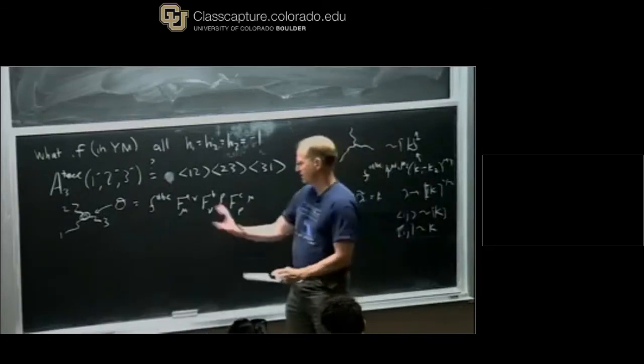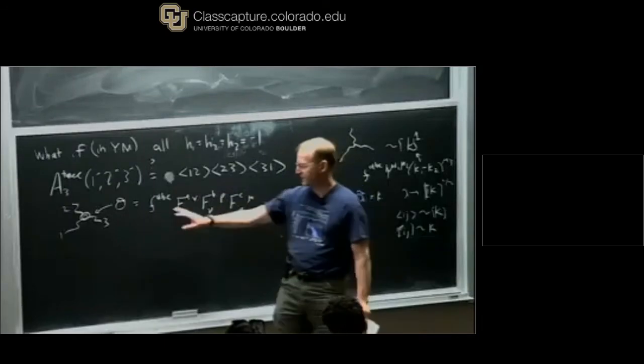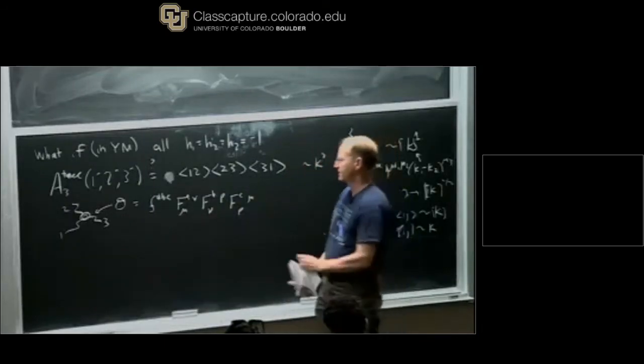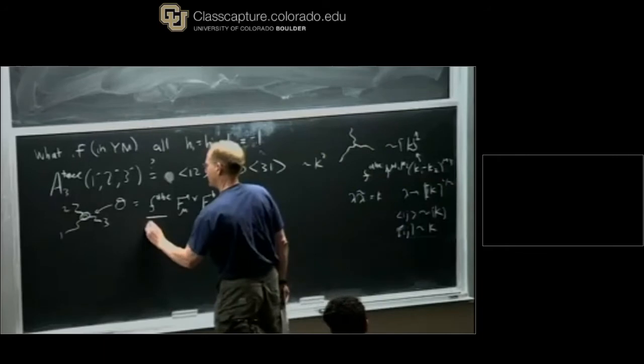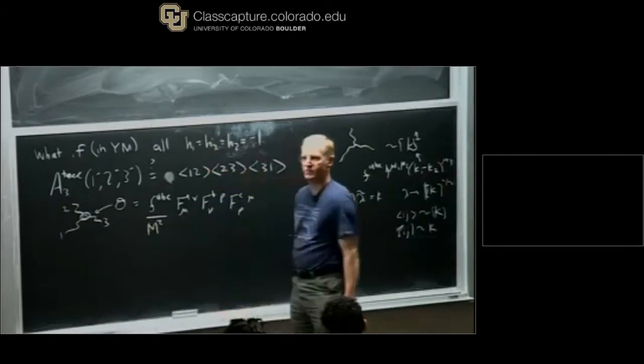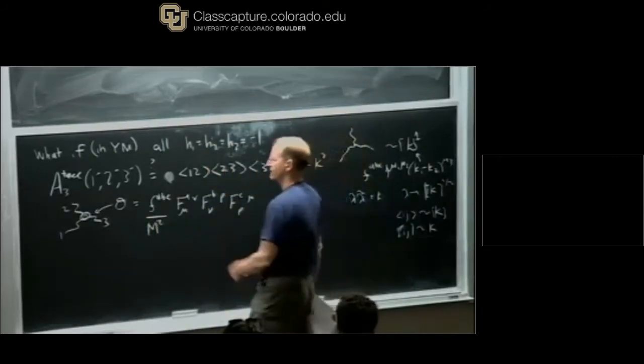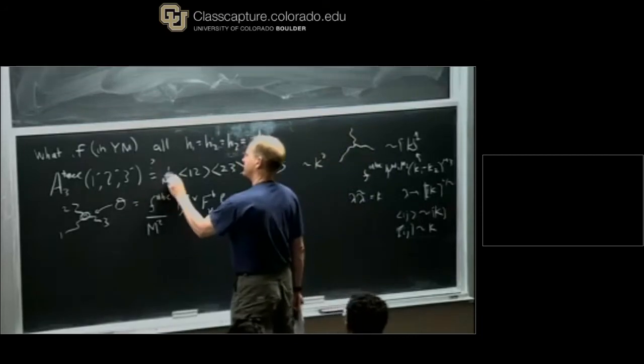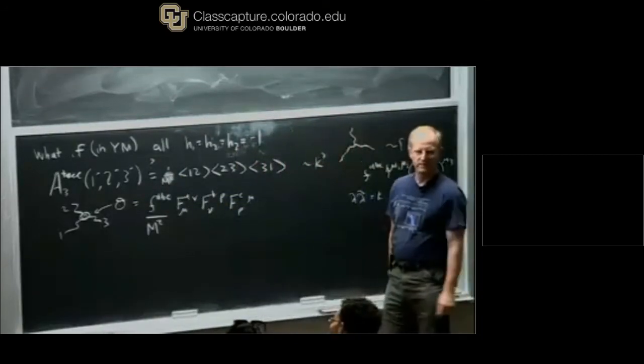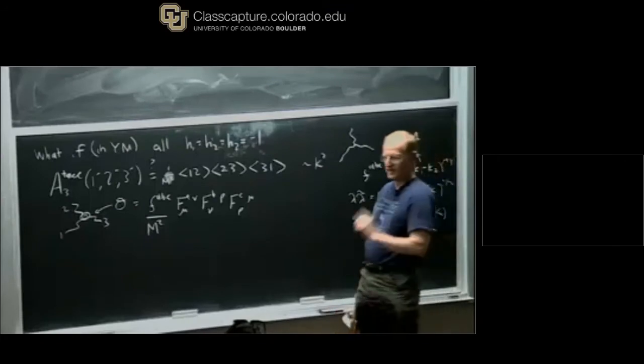So you take the field strengths, contract them cyclically like this, and put in an f^{ABC}. And this is a dimension 6 operator, so we usually put some mass in the denominator. So that would produce an amplitude that looks something like this. I've stripped off the color factors, remember.